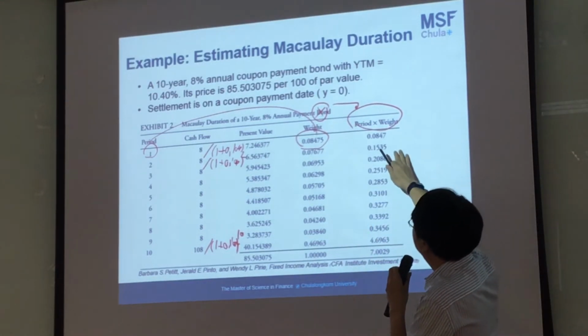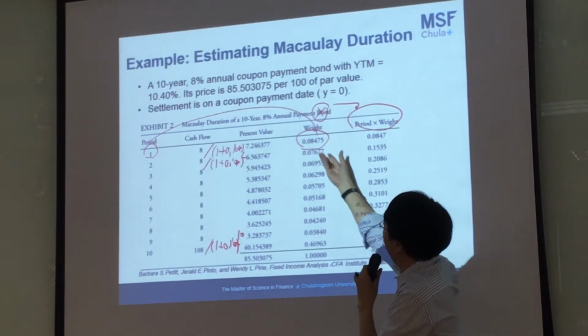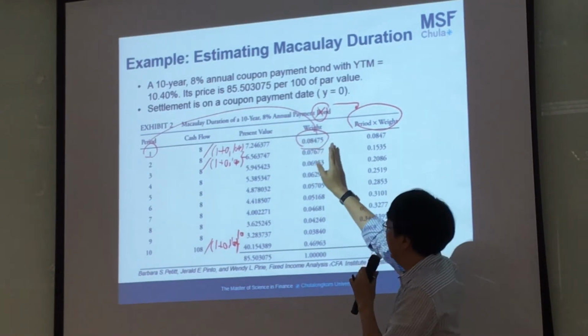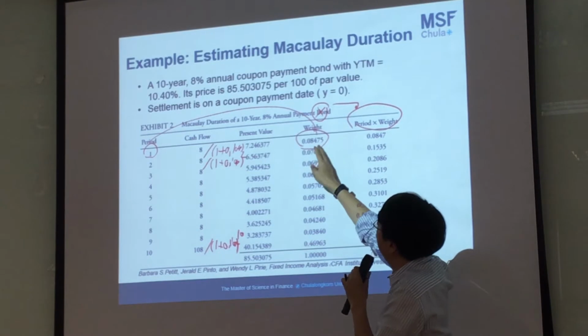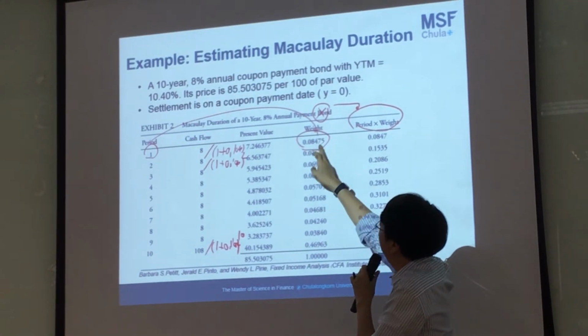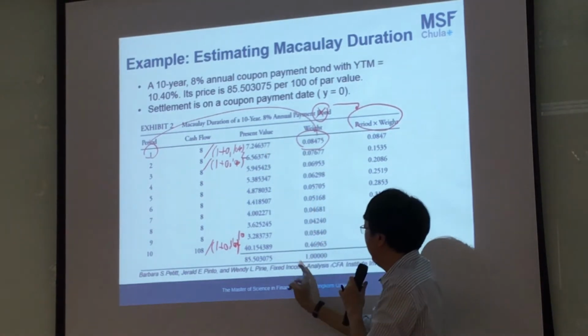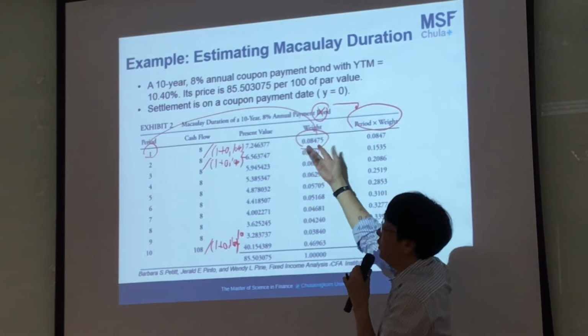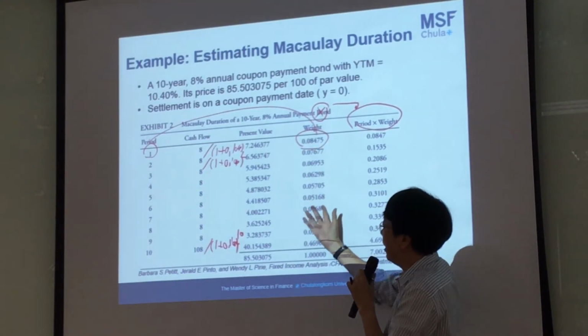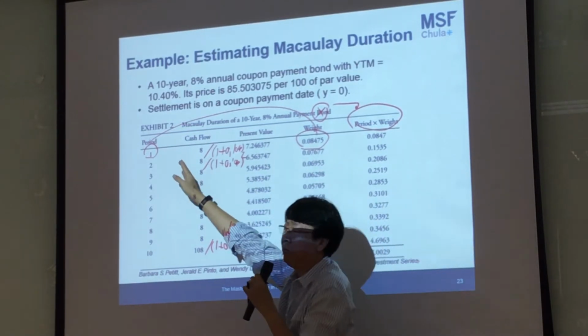But in this case, you can see that this weight is the weight of the money. This is the weight of the money because this is the present value of each cash flow, and then you divide by the price. So this is the weight of the money for each time, and multiply by the time period.